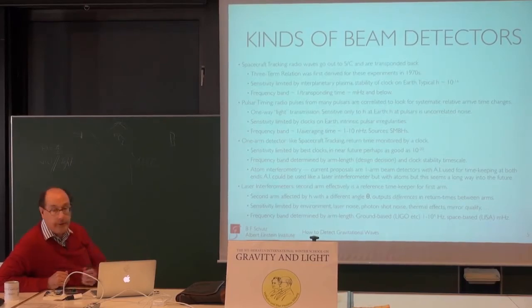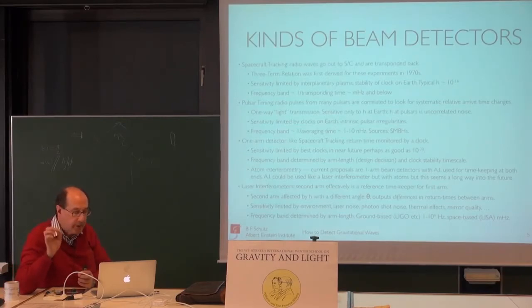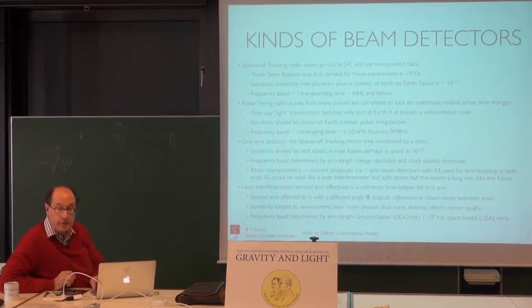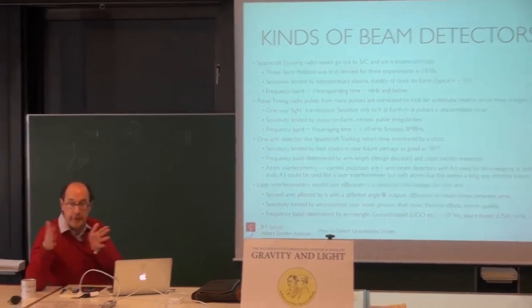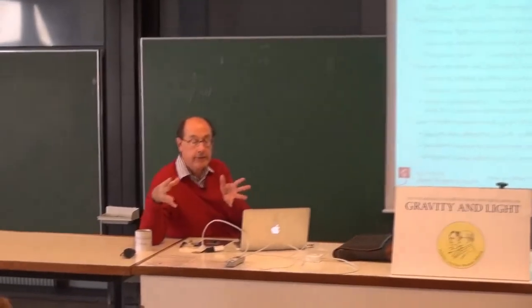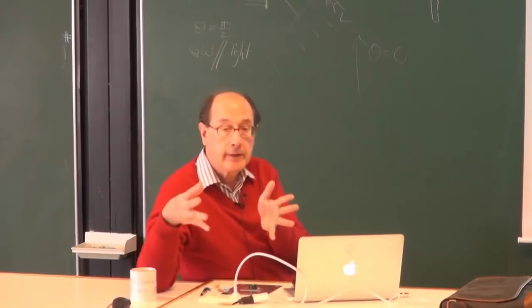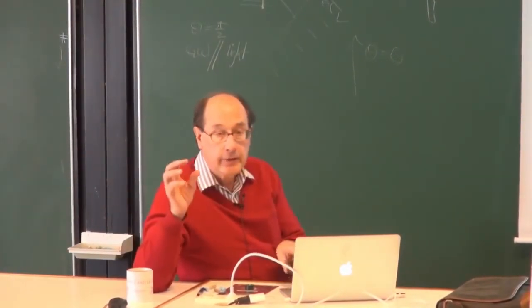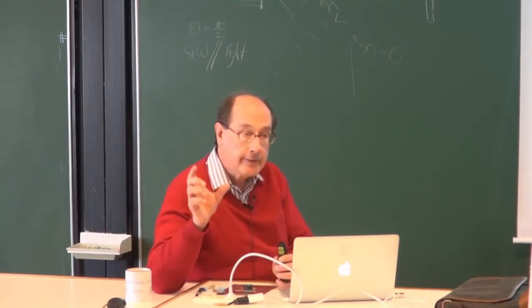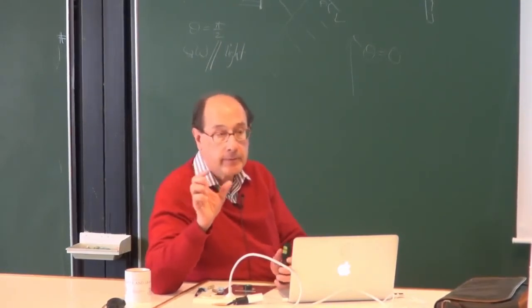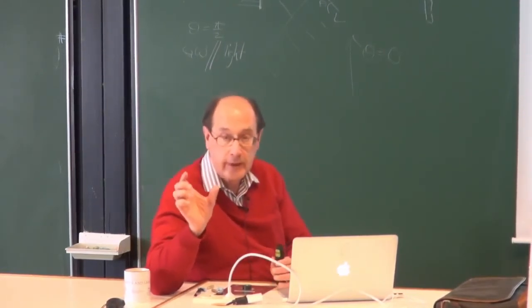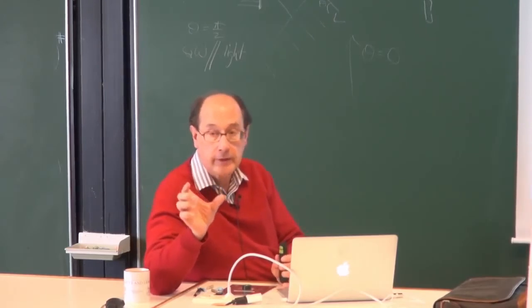The frequency band is determined by the arm length, basically. But it's not equal to the arm length or 1 over the arm length, because in these cavities we use multiple reflections of light, and so we build up a signal in a cavity that stays in the cavity much longer than a single light crossing time of the cavity. So the cavities may have, let's say, a natural frequency range around 100 kilohertz or something like that.